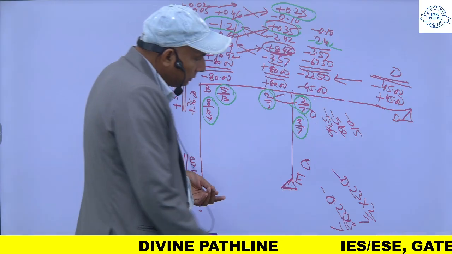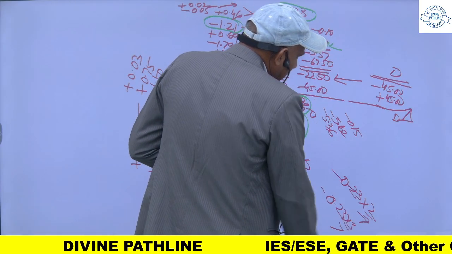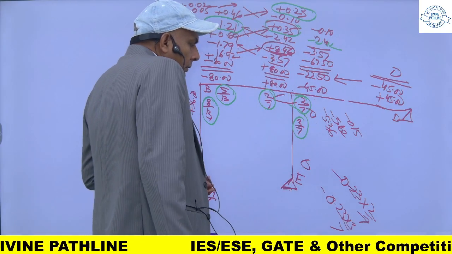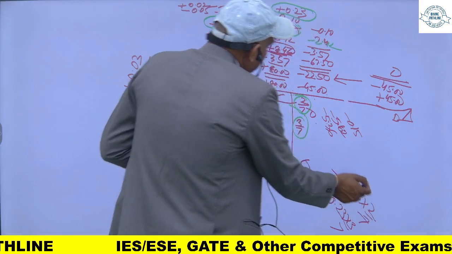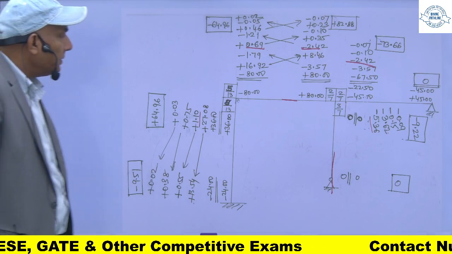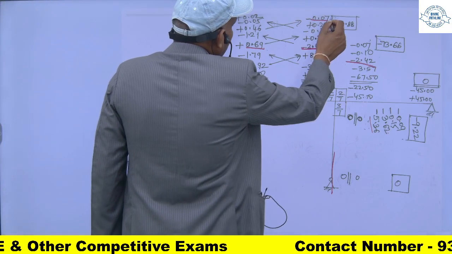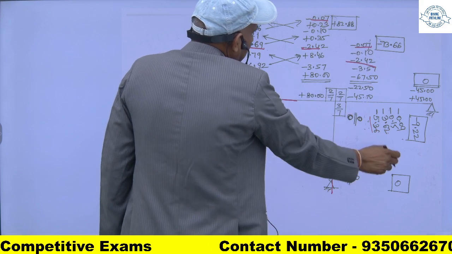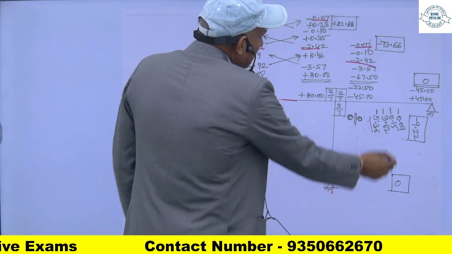So when you multiply it, it will be 0.03, I think 0.06 you will get. So this you will get minus 0.07, minus 0.07, and minus 0.09.